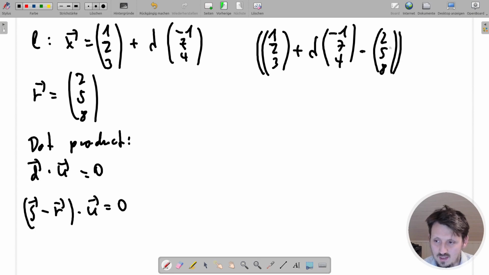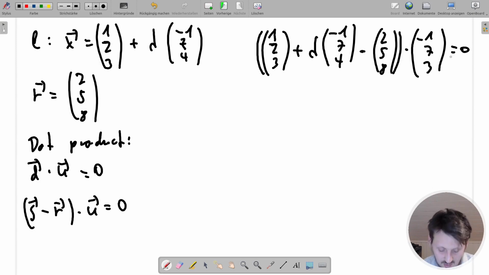This whole part has to be in brackets, times (-1, 7, 3), and this has to be equal to 0. Now this is in principle already half of the exercise that we have to solve.